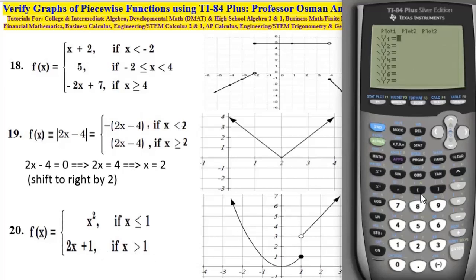It is x squared, and this is valid when x is less than or equal to 1.